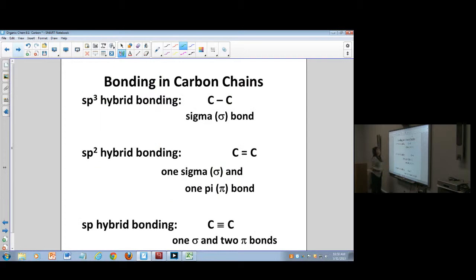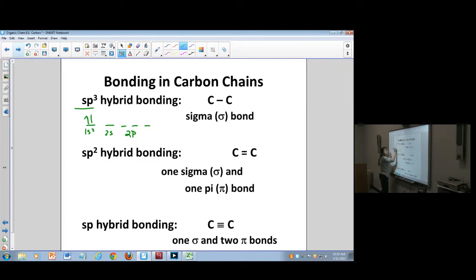All right, so now let's talk about how carbon bonds. So carbon can undertake, and remember we had to use valence bond theory because it wouldn't work when we just tried to do VSEPR. Remember, when we have VSEPR, we have 1s2, 2s2, and then the 2 p's.